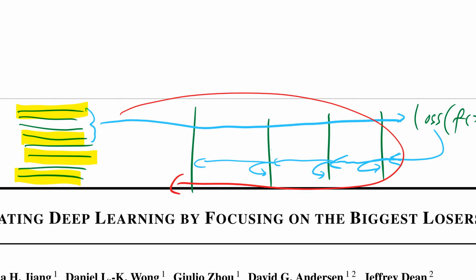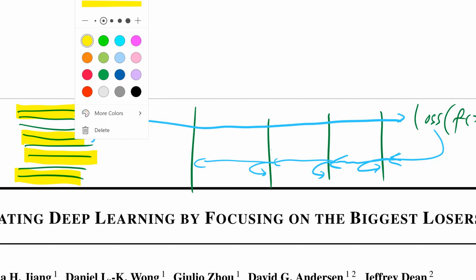Thereby, let's say if we can only select 1/3 of the examples to do the backward pass, we can reduce the amount of work in the backward pass by, sorry, by 2/3.